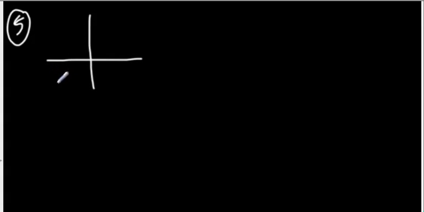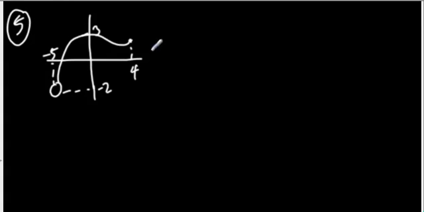Just from the looks of it, there's an open circle here. It goes something like this. The max value is 3. This value is 4. This value is -2. And this value is -5.